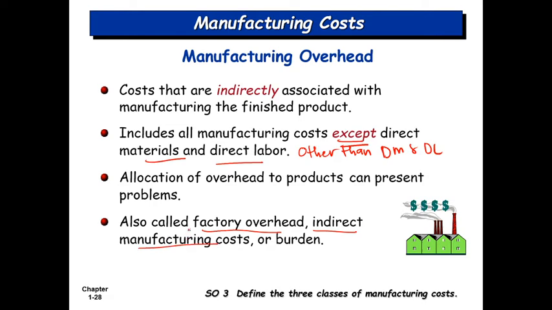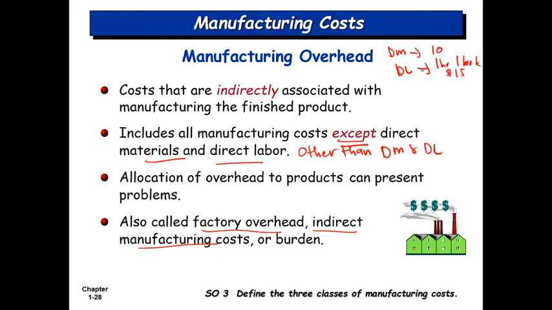This is the problem in costing, because direct material we can easily trace. The material for this book, papers, is $10. Direct labor, 1 hour to produce one book, and the company will pay you $15 per hour.